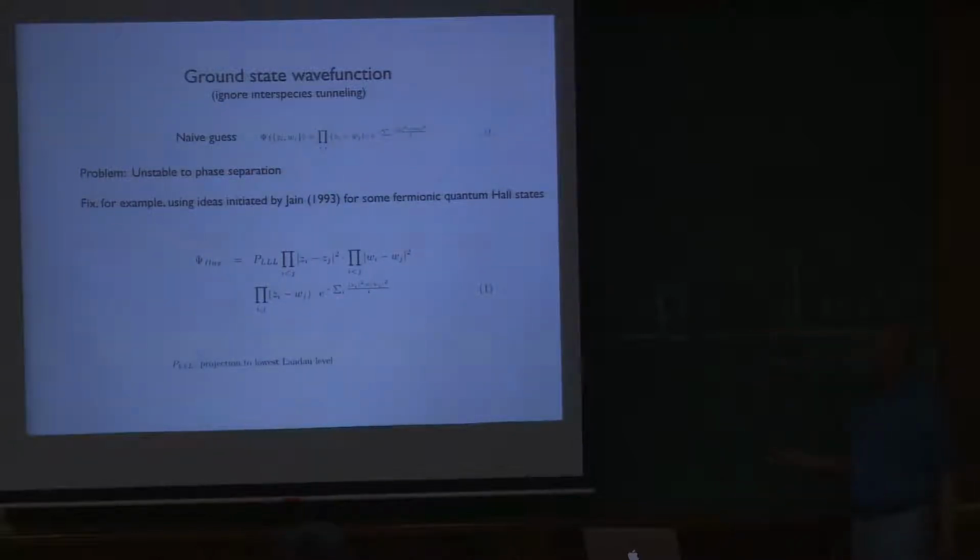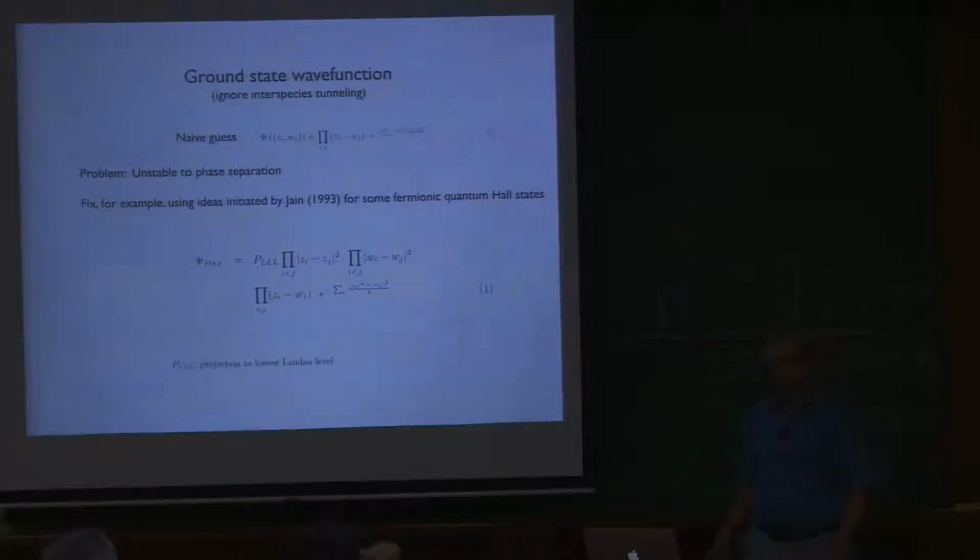These are what's known as Jastrow factors. It stabilizes this kind of state against this problem of phase separation. And there's a rationale for putting in precisely these particular factors as opposed to other things. Again, it's standard quantum Hall stuff, goes back to Jane from more than 20 years ago. So this then is a candidate wave function for the state that we're interested in.